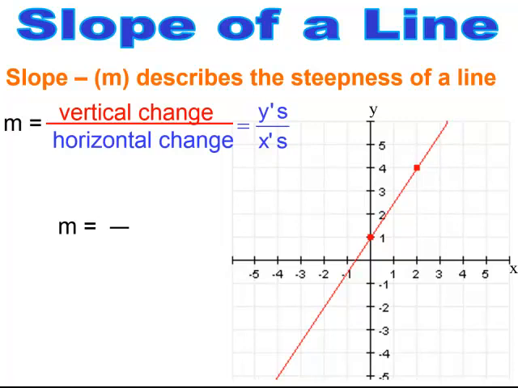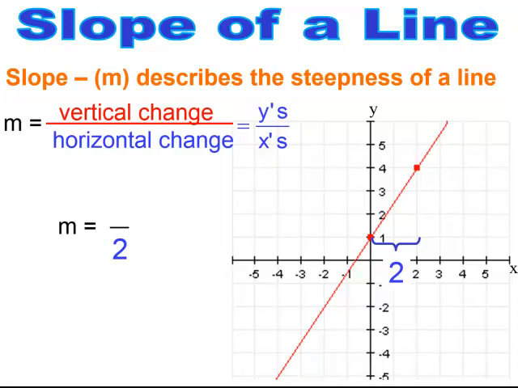In this case, we have the points in the picture, and we're going to count horizontally how far one point is from the other. So I'm looking at the one point, and I'm starting with the bottom. You could use the top point, and I'm going over 2 horizontally to get to that second point. So the horizontal movement, or my horizontal change, or my x's, is 2.